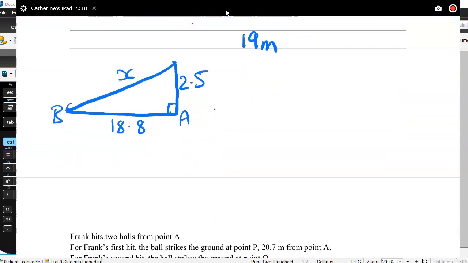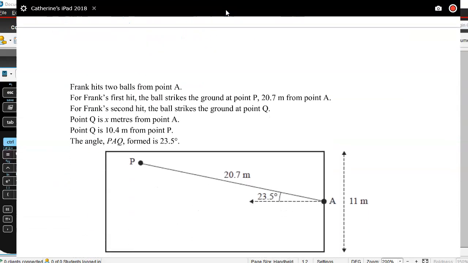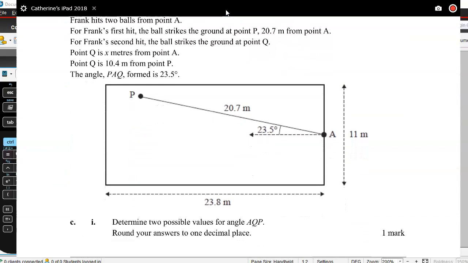Let's look at the interesting part of this question that threw a lot of students.